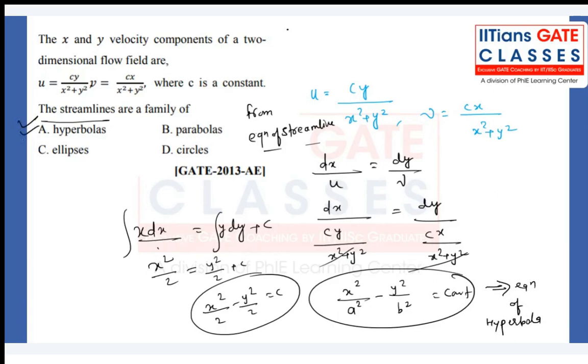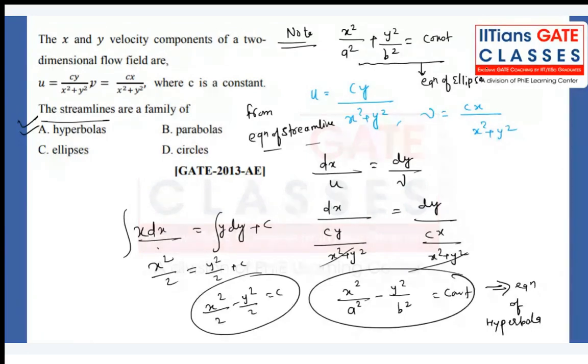Make a note of it. Whenever you have the equation x square by a square plus y square by b square equal to a constant, this is nothing but the equation of an ellipse. For a circle, you will get x square plus y square equal to a square, the equation of a circle.